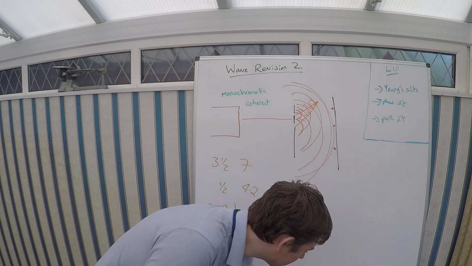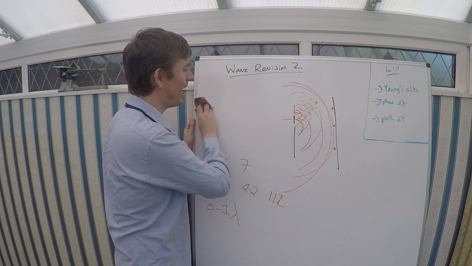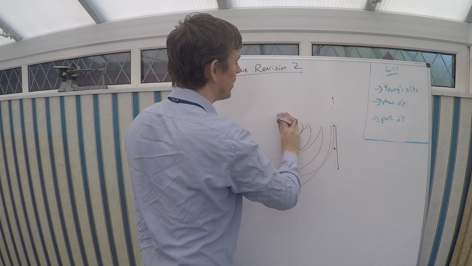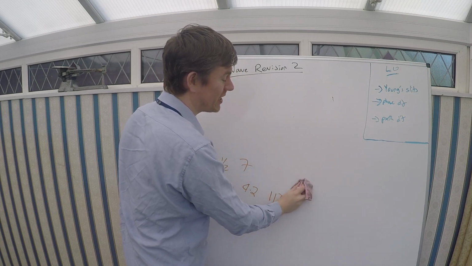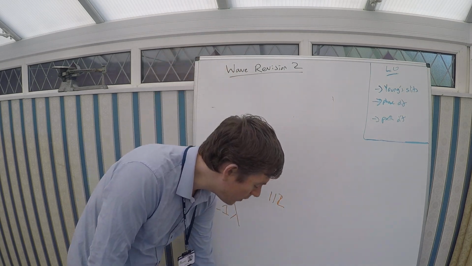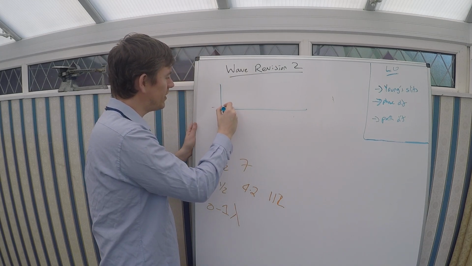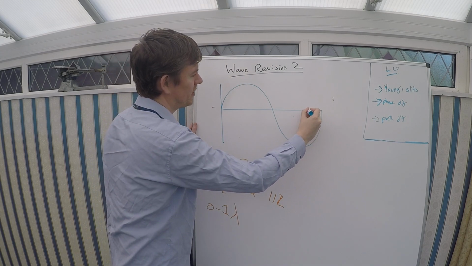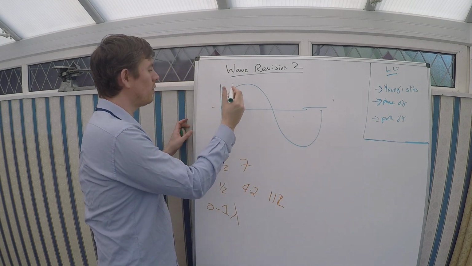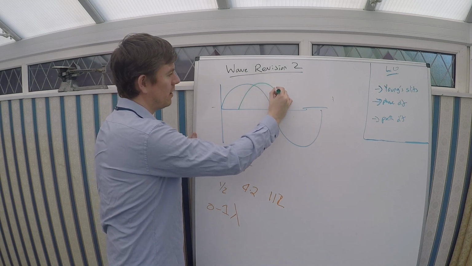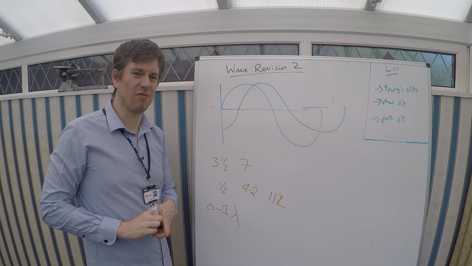Moving on to phase difference. Phase difference is a measure of how out of step the two waves are, but instead of considering how far they have gone to get to that point, we will instead just look at them on a wave graph. So if we consider a wave like this, and then a second wave, which starts here and goes like this, we can see these waves aren't really in sync.